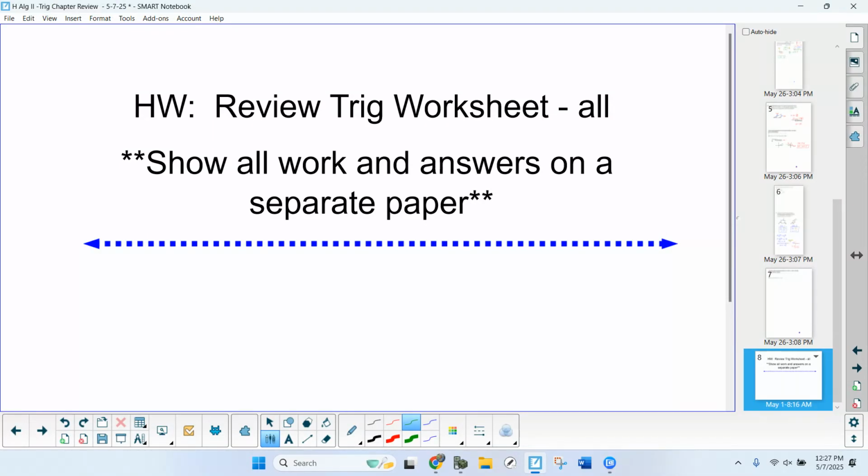Cosine of 2 pi over 3, I'm asking you for the x coordinate at 2 pi over 3. Tangent is y over x. And then A, B, and C on 3 are just the restricted domains. And then after that, it should be pretty similar to things we've just been doing. Use your practice quiz or your quiz that you just got back to help you. Okay?